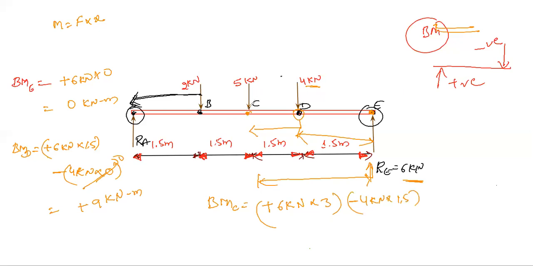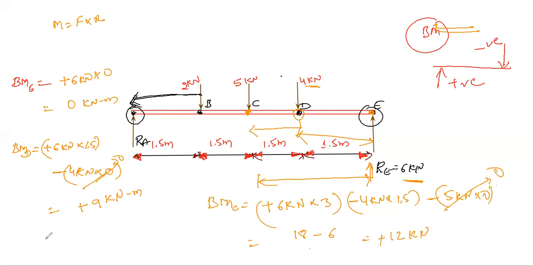Next, at this point we have minus 5 kilonewton into 0, because it is acting at this point itself. So 4 into 1.5, how much? It will be 6. So together it will be 12 kilonewton, right? At this point, this is positive.